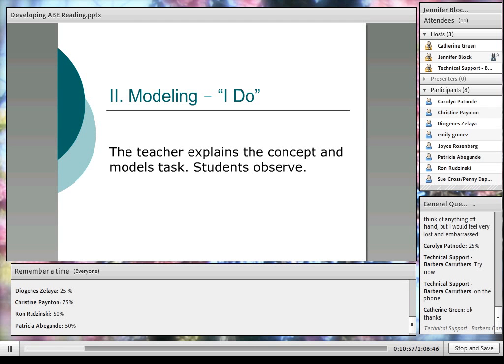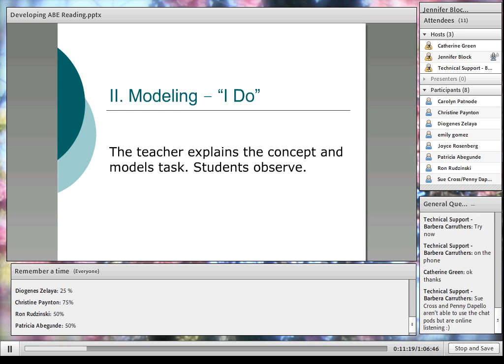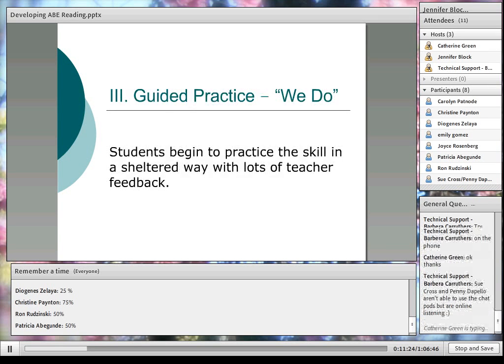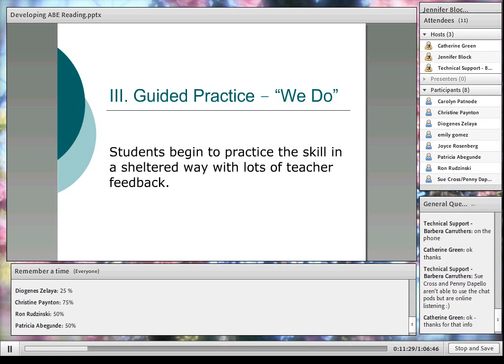If you're trying to teach them how to find the topic of a paragraph, the teacher might model their thinking and lead them through it, maybe in one or two different ways, and then let them observe what the conclusion is. At this time, you shouldn't be asking students questions, just letting them observe the task and what the product should be.